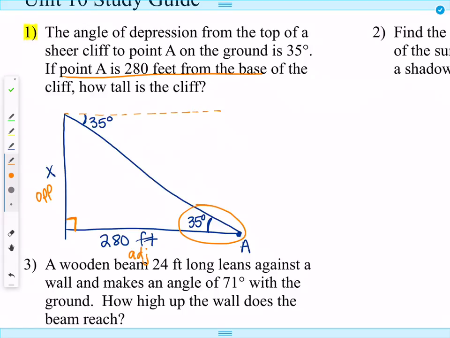And so this tells me that I want to use tangent of 35 equals your opposite, which is X, over your adjacent, 280. So to solve this, all we have to do is multiply by 280 on each side.